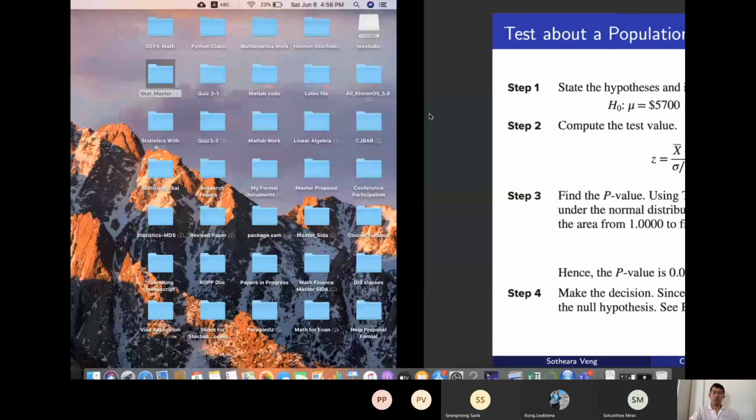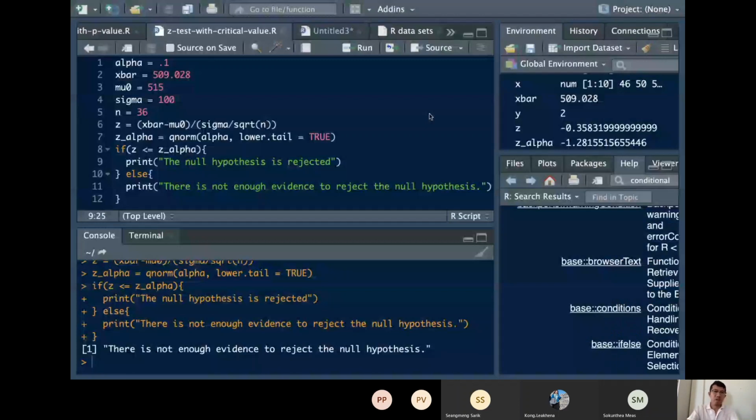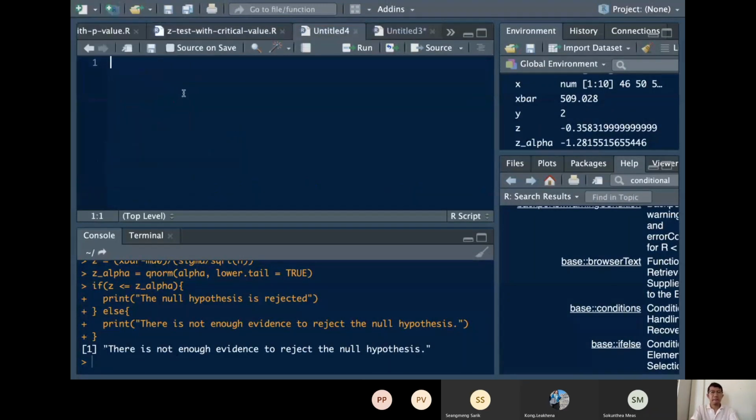So how to do that with R? To get the value with R, I hope you can see this clearly, z is 2.28, and we want the p-value.